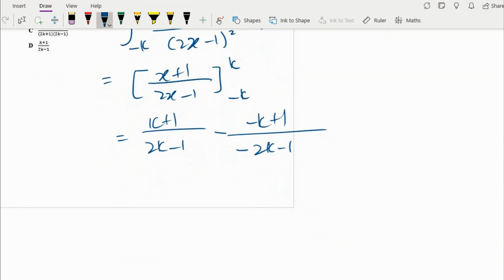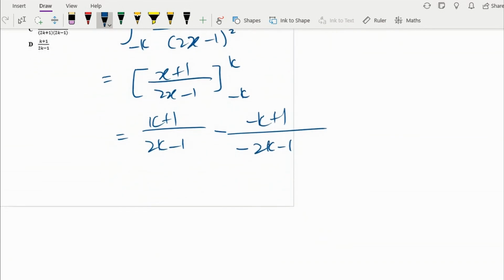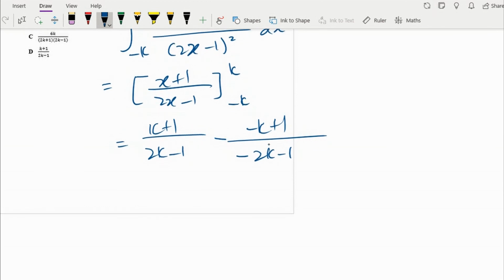Then (k plus 1) over (2k minus 1) minus, this one you multiply with negative 1 over negative 1, because I don't want so many negatives there. So it's (k minus 1) over (2k plus 1), right?